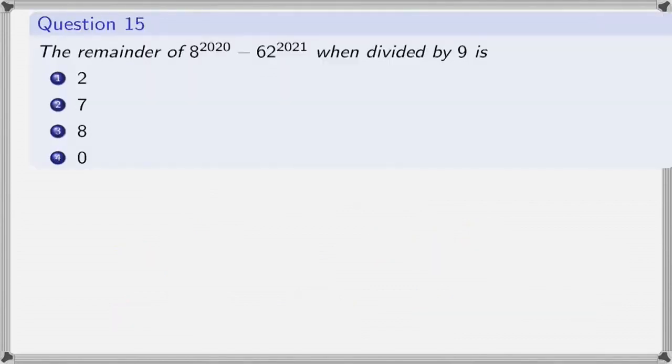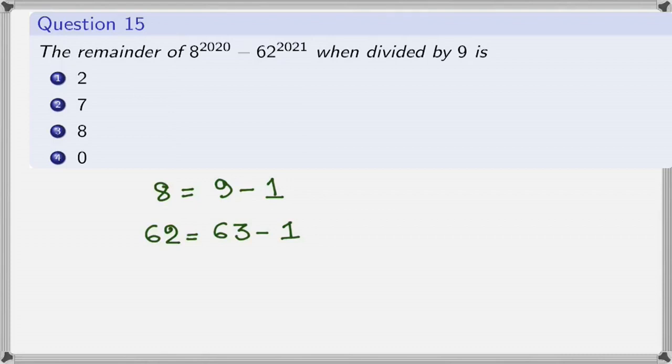We have the following question. Here we have been asked to find out the remainder of 8 to the power 2020 minus 62 to the power 2021 when we divide it by 9. To solve this problem, we write 8 as 9 minus 1 and we write 62 as 63 minus 1.